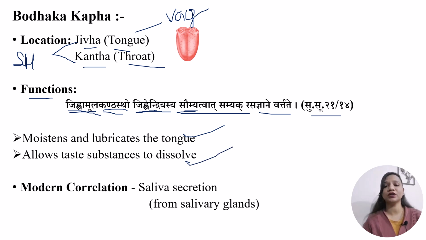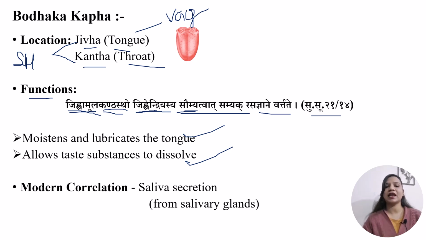And without this Bodhak Kapha, the tongue becomes dry and taste perception is impaired, because if we understand it with modern physiology, the taste receptors present on the tongue respond only to the substances which are in solution and not to dry particles.